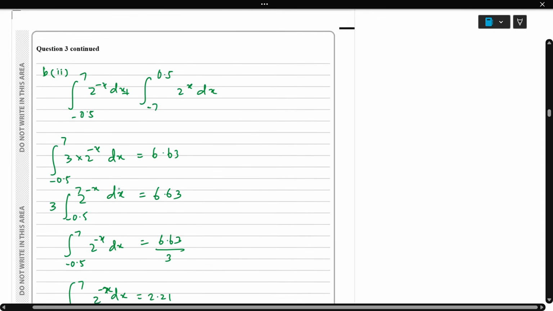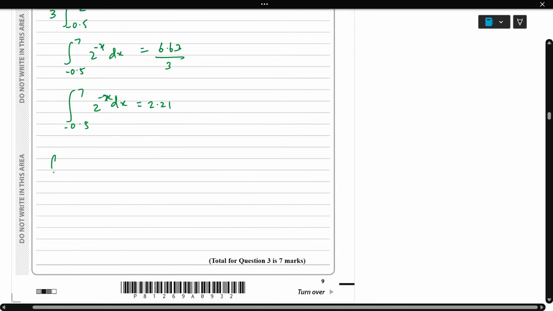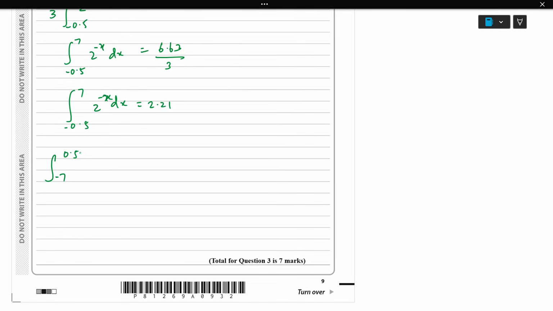Now we are going to calculate the second part, which is the integral from minus 7 to 0.5 of 2 power x dx. As we know, when you switch, the limits minus 0.5 to 7 become minus 7 to 0.5 with 2 power x dx, which is nothing but the same value, 2.21.